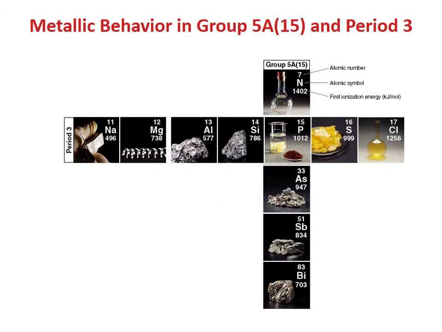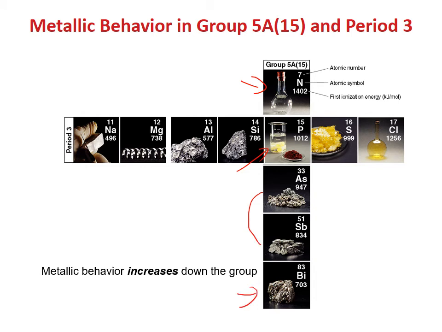This picture shows group 5 and period 3 elements. When we go down the group, metallic behavior increases. It starts with nitrogen as a gas, phosphorus as a non-metal solid, arsenic and antimony as metalloids, and bismuth a typical metal.